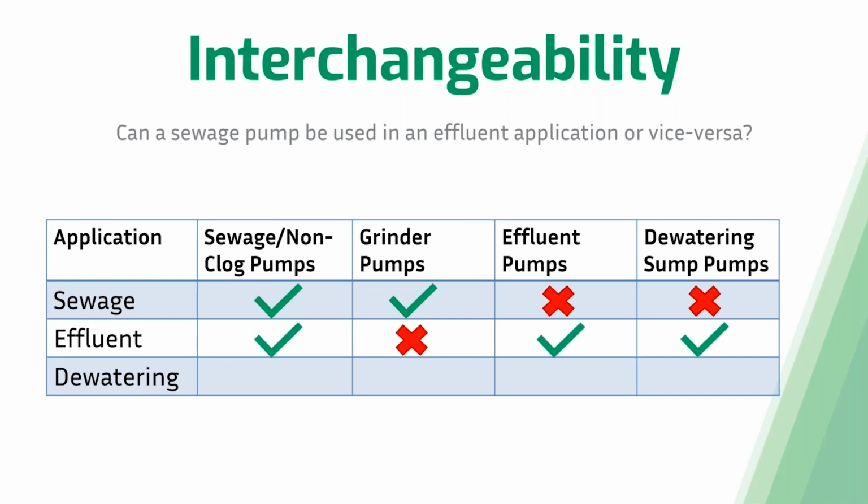Now, in effluent applications, you can get away with using a sewage pump, specifically a non-clog sewage pump, effluent pumps, or sump pumps in that application. You still need to keep these pumps submerged at all times. But when it comes to grinder pumps, it is not recommended. The main reason for that is that the cutting mechanism is not being utilized inside of that septic tank.